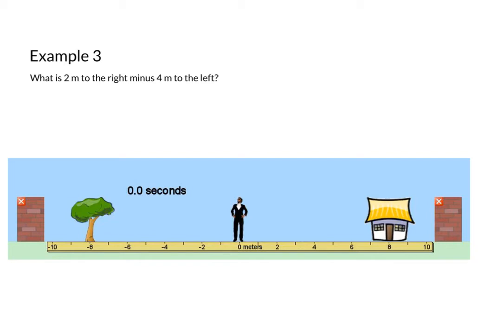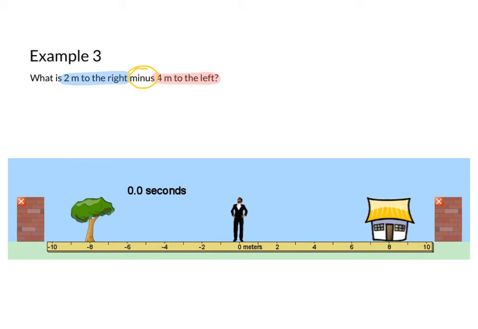So example 3. What is 2 meters to the right minus 4 meters to the left? I'm going to circle that minus because that is super important. So the real trick is when we subtract one vector from another, we're going to just flip the direction of our second vector, the vector being subtracted.